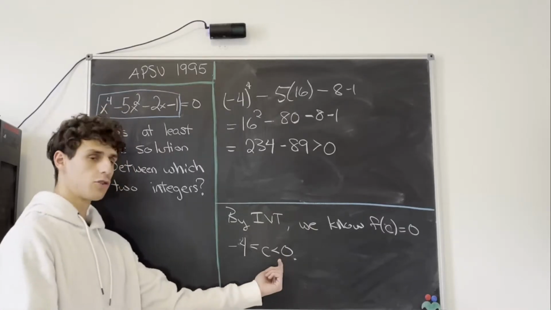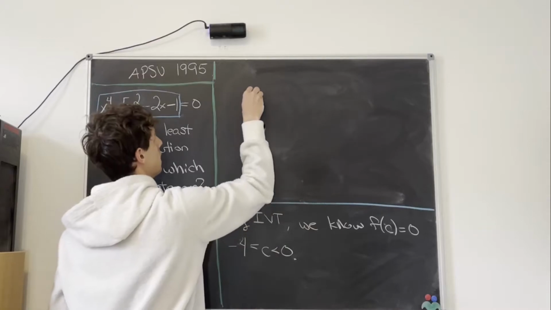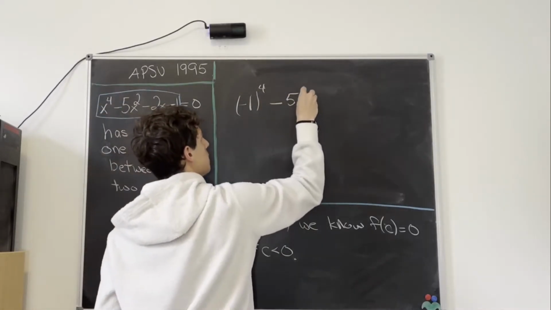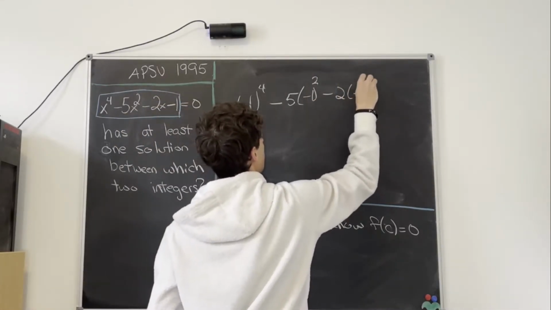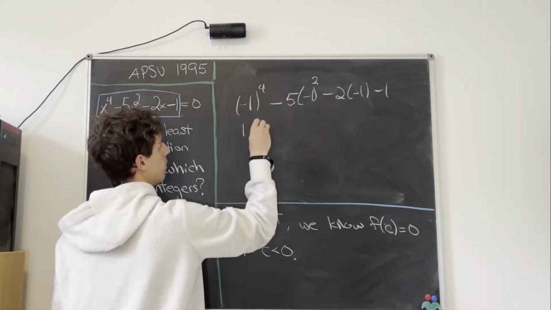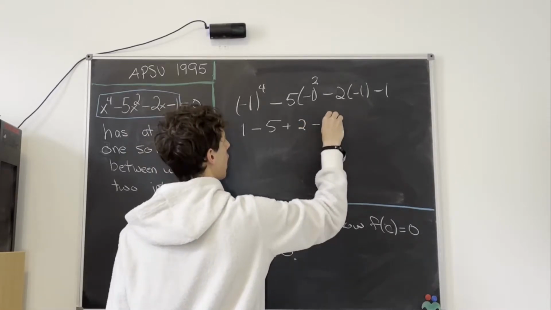Let's try -1 and try to decrease the bound going this way. Plugging in -1, we get (-1) to the fourth minus 5 times (-1) squared minus 2 times -1 minus 1. (-1) to the fourth is 1, minus 5, plus 2, minus 1.